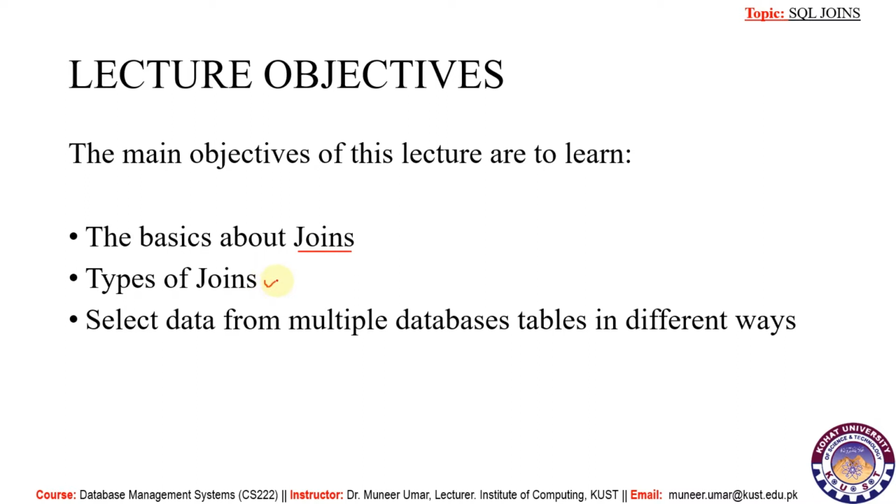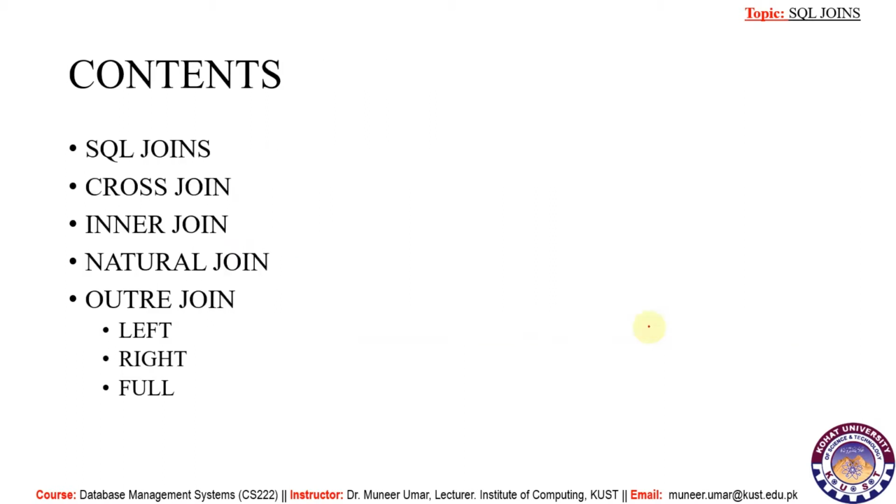There are some types, and we will discuss all of them and practice these joins. The main thing about joins is to get data from multiple tables in different ways, so these types will let us know how we can get data from multiple tables in different ways according to our requirements. So these are the contents.